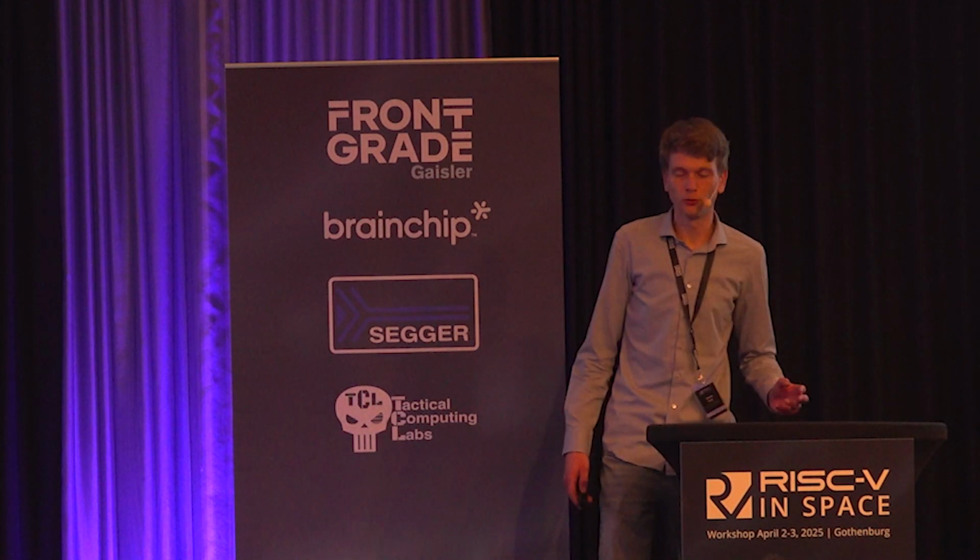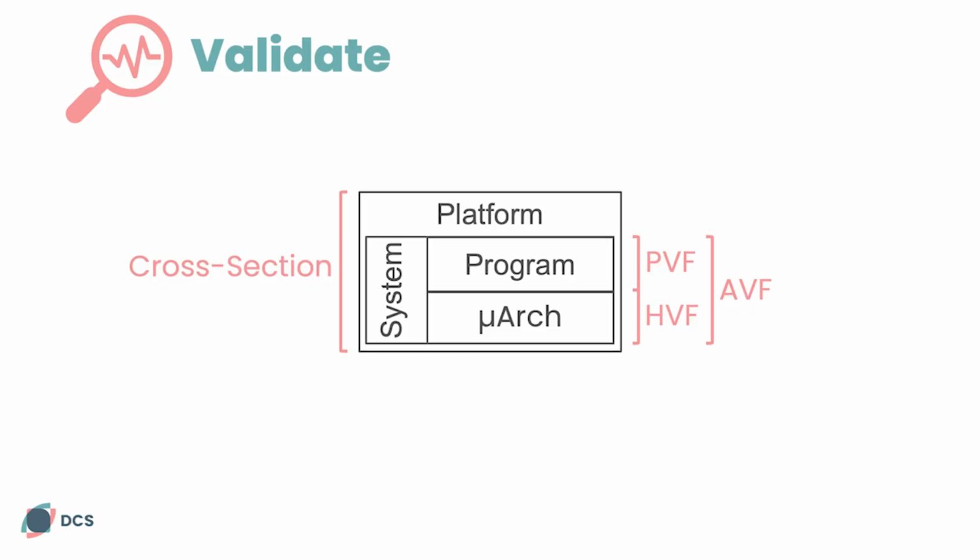So this brings us to the fourth step. We are designing programs, we are designing hardware, IPs, microarchitecture, and those are the things we want to get insight on from our experiments. But if we are doing fault injection, we can only get some insights into the AVF or into the system vulnerability.